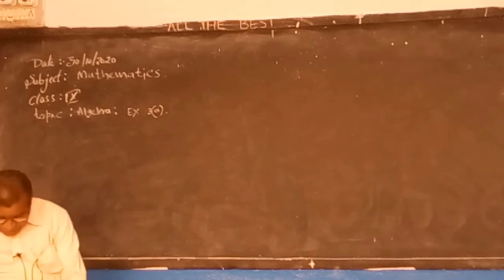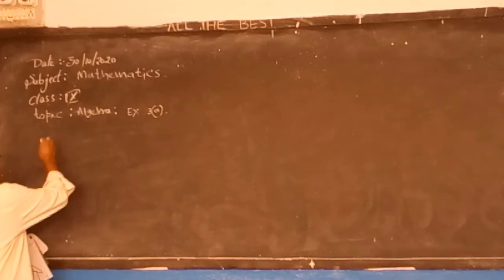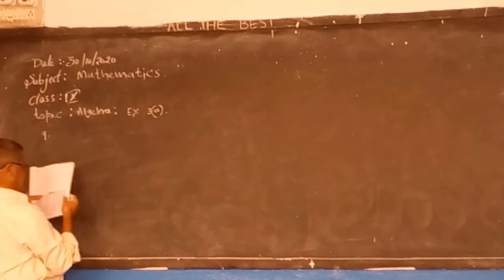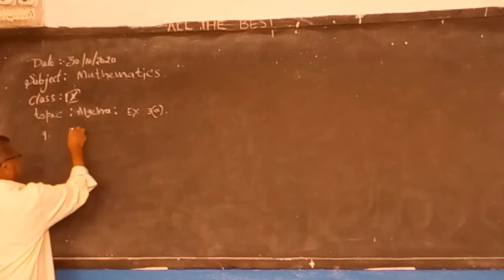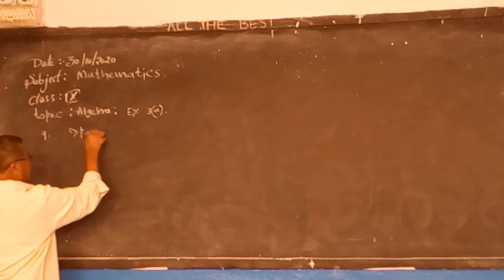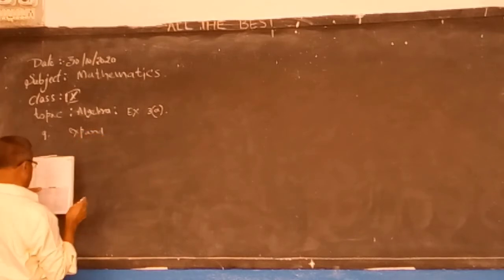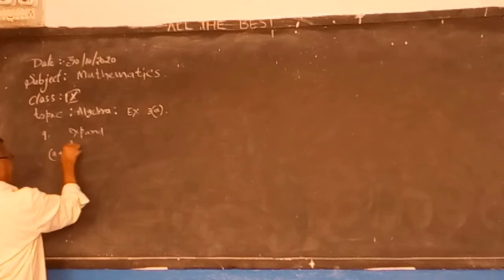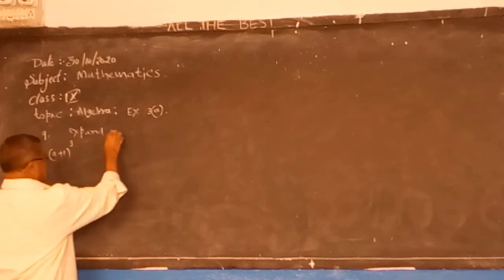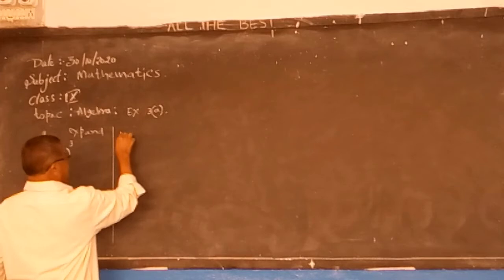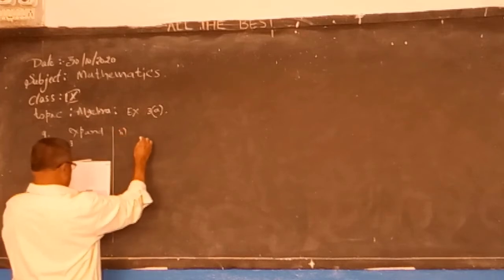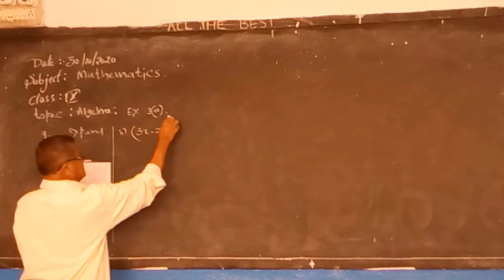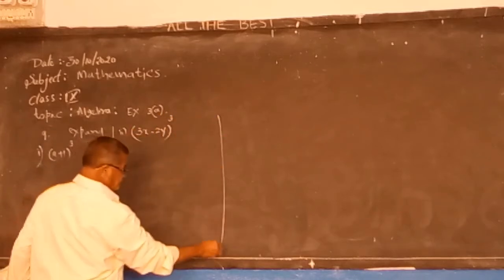Next, ninth question. Ninth one. Expand. Number 1, a plus 1 whole cube. Number 2, 3x minus 2y whole cube.